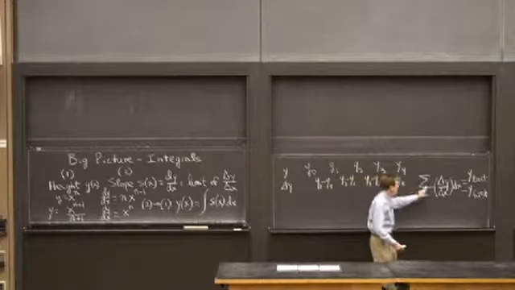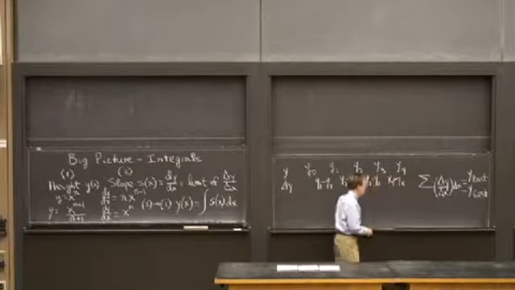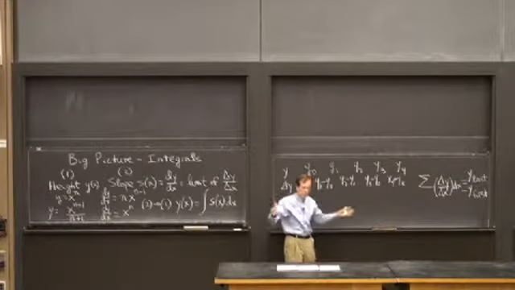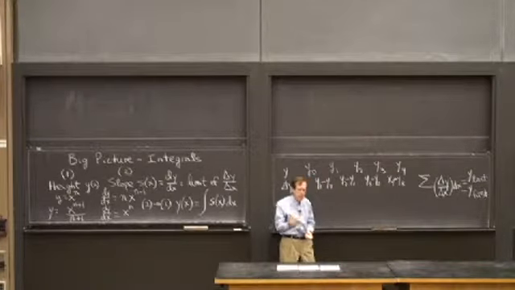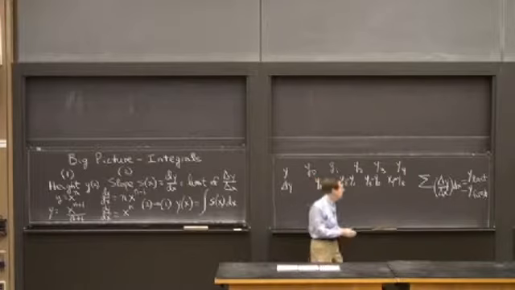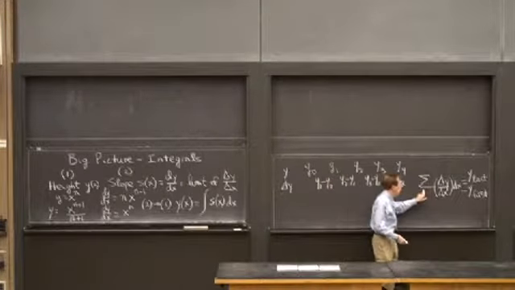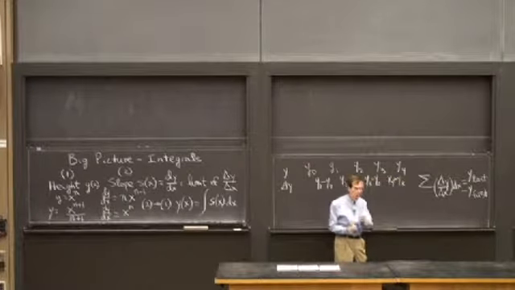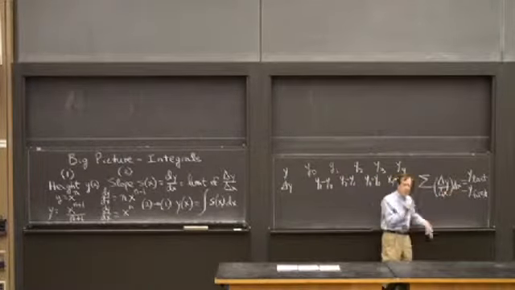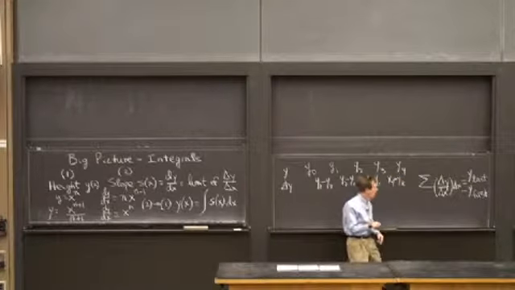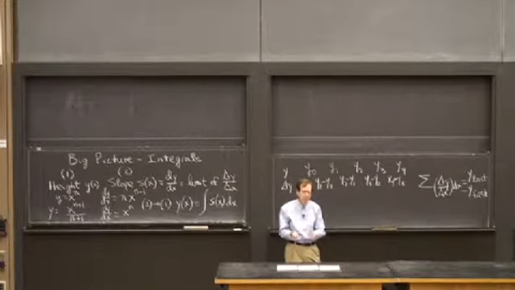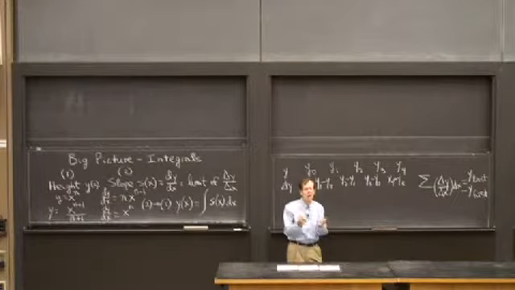As delta x gets smaller, if I'm thinking of some fixed total change in x, I'm chopping it up into smaller and smaller pieces, more and more pieces of the slopes at different points along, times the size of the piece, to give this answer.